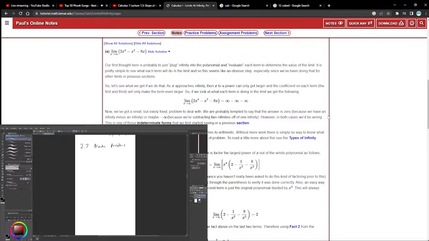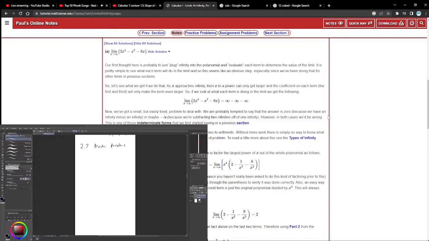So we need a way to get around this problem. What we'll do here is factor the largest power of x out of the whole polynomial as follows. Why?